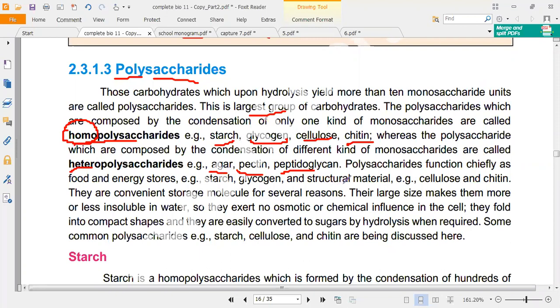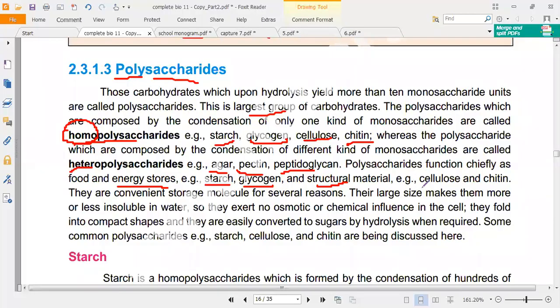So polysaccharides are actually very good energy reserves for all living organisms. If we talk about starch, that is a plant carbohydrate, and glycogen, an animal polysaccharide. So they are very good energy resources, as well as they perform a structural function as well.